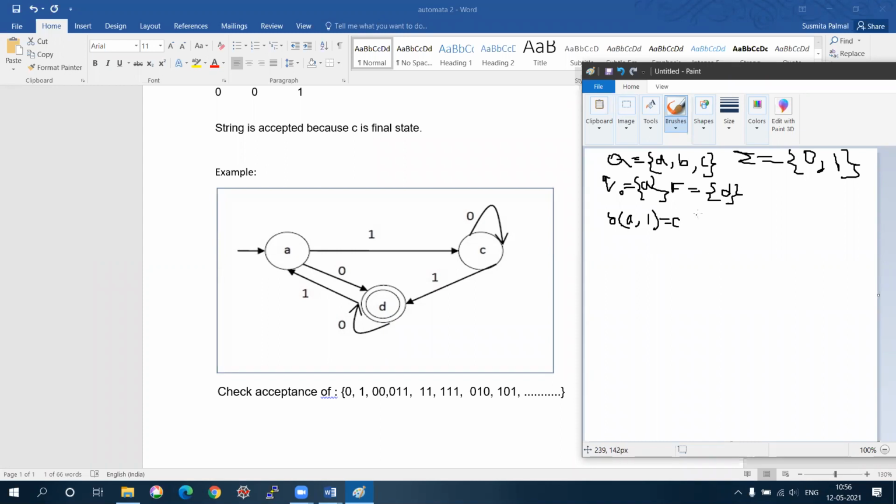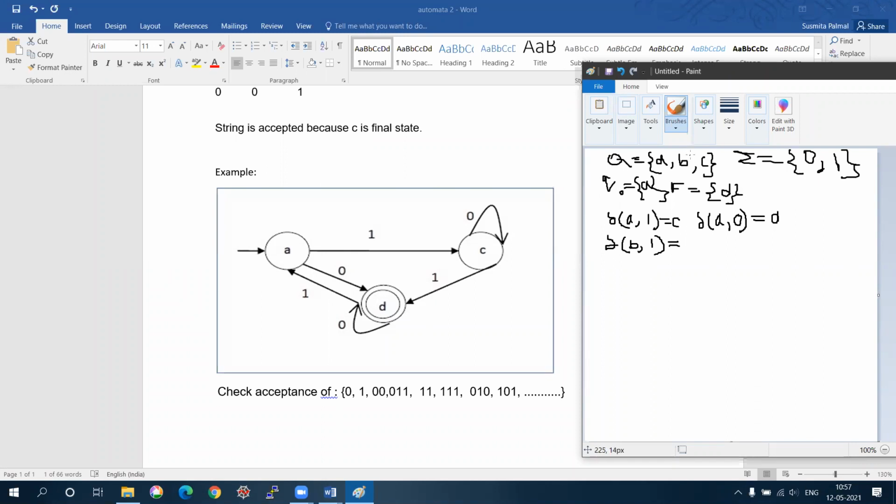Then from state A, if I use the other input symbol 0, it goes to another state, that is B. For that, delta of B, that means the present state is B, using input symbol 1, the transition goes to A, C, D. We don't have any B state.